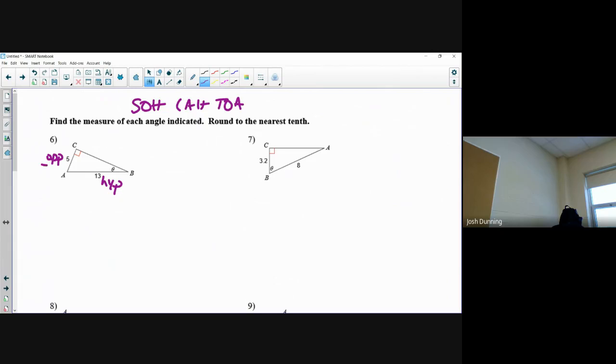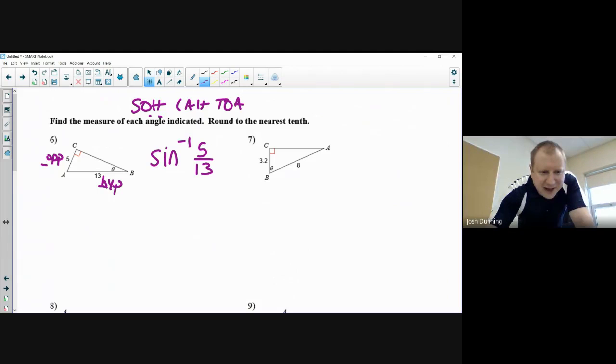We have O and H. We're still going to use sine, but now it's inverse sine. The little -1. You put the fraction down, opposite over hypotenuse, 5/13. These are actually easier if you remember to use the inverse. Because all you got to do now is just type that into your calculator.